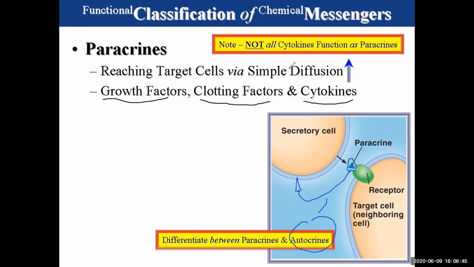And remember, I mentioned earlier, the cytokines, or chemical messengers used by the immune system. So the immune system does not rely only on short distance. So that's why I wrote down here, not all cytokines function as paracrine. Some cytokines are indeed working as long distance chemical messengers. So that's the concept of paracrine versus autocrine.